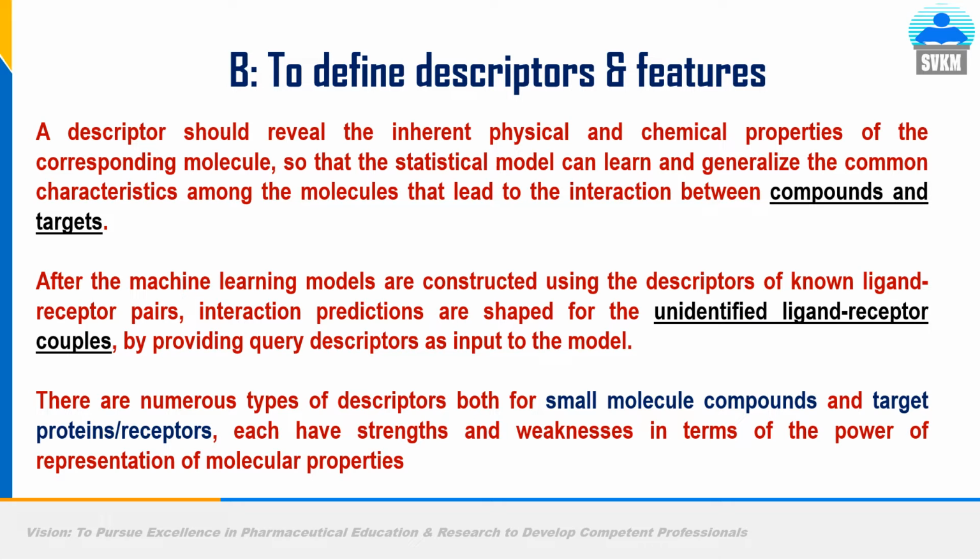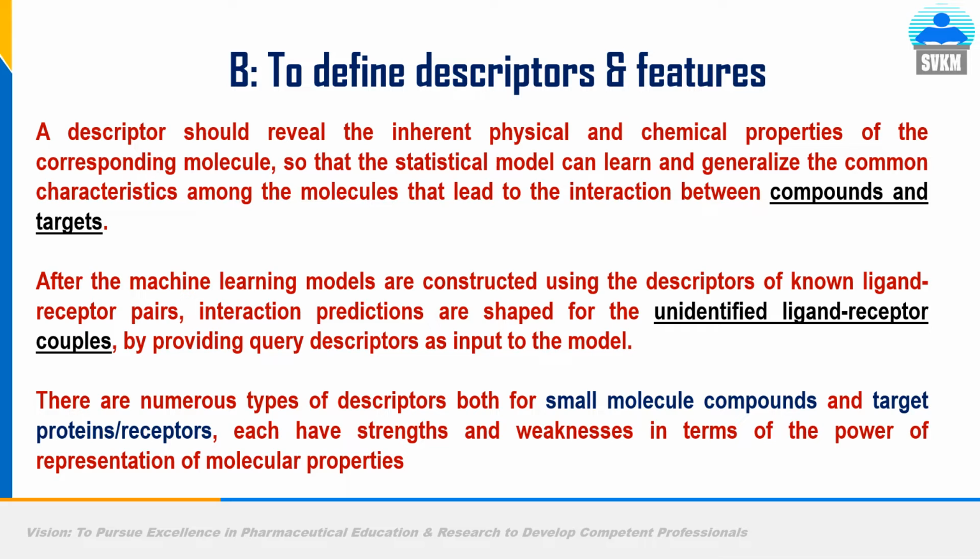After the machine learning models are constructed using the descriptors of known ligand-receptor pairs, interaction predictions are made for the unidentified ligand-receptor couples. Here ligand means drug-like molecule, receptor means protein, which is responsible for causing diseases. So by providing query descriptors as input to the model.